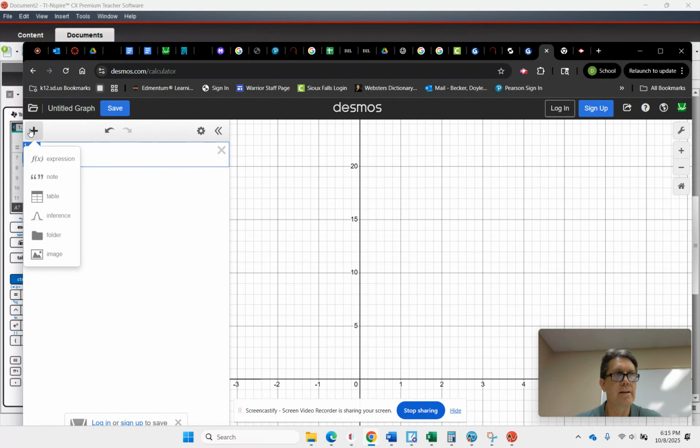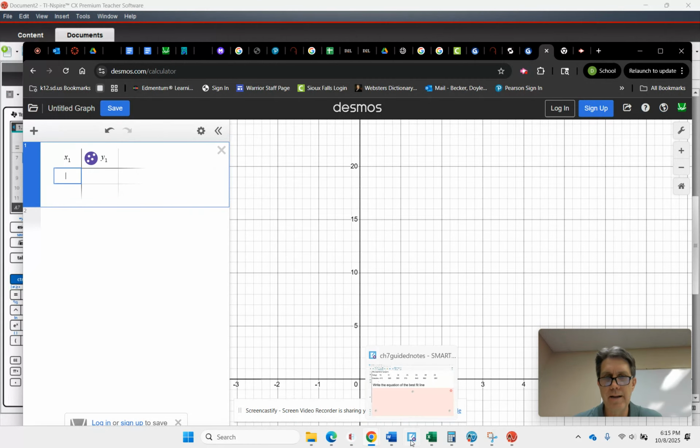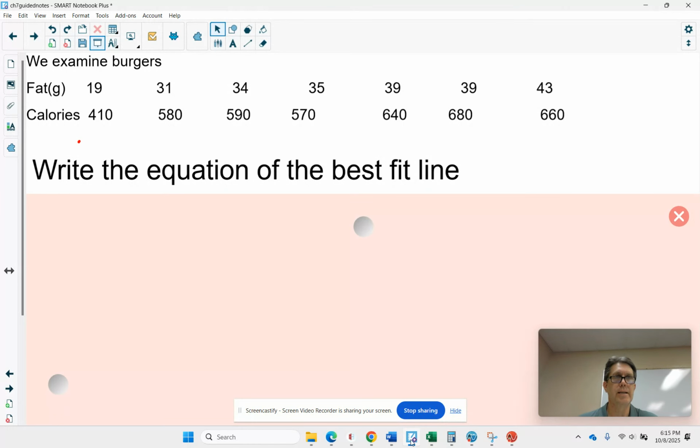So we're going to click the plus sign. We're going to add a table. It's already got an X and a Y in there. I'm going to have to go back and forth a little bit.